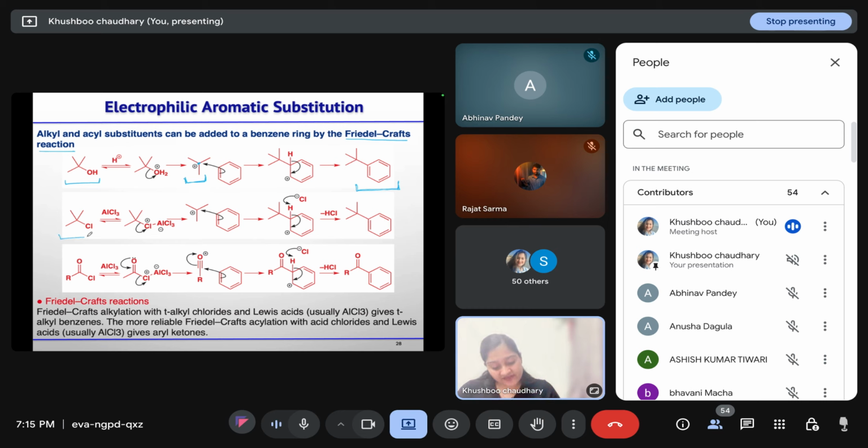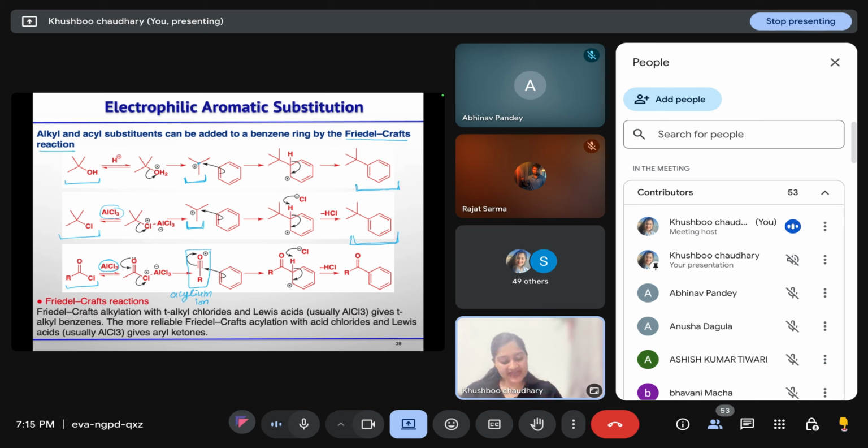Similarly, if we treat a tertiary alkyl chloride in the presence of some Lewis acid, then also it will form a tertiary carbocation that on attack by benzene will form alkyl substituted benzene. If we have an acid chloride, in that case, on treatment with AlCl3, a similar kind of reaction will happen and you will get the acylium ion. That is the intermediate here.